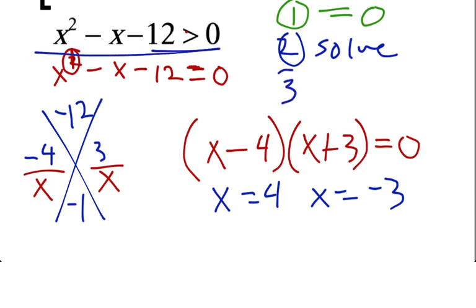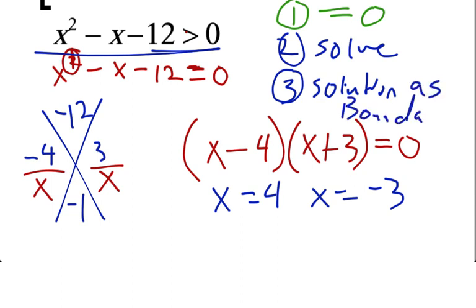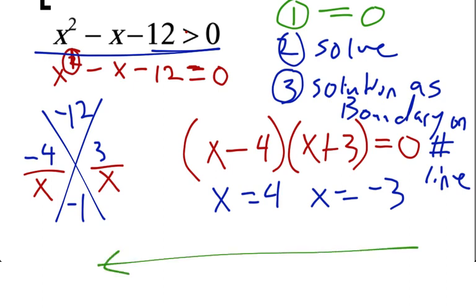So step 3 is to use the solutions to make test points, so we use our solutions as boundaries on the number line. So what that means is I need to draw a number line and put my two solutions here on it, which would be negative 3 and 4.